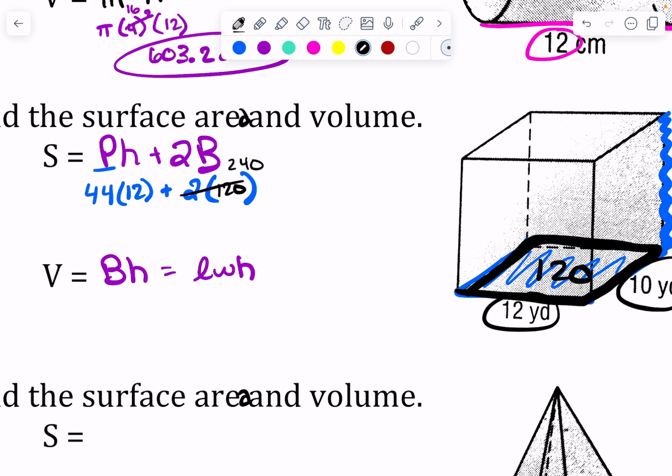So 240, and I get 768, and that is in yards squared for surface area. Okay.